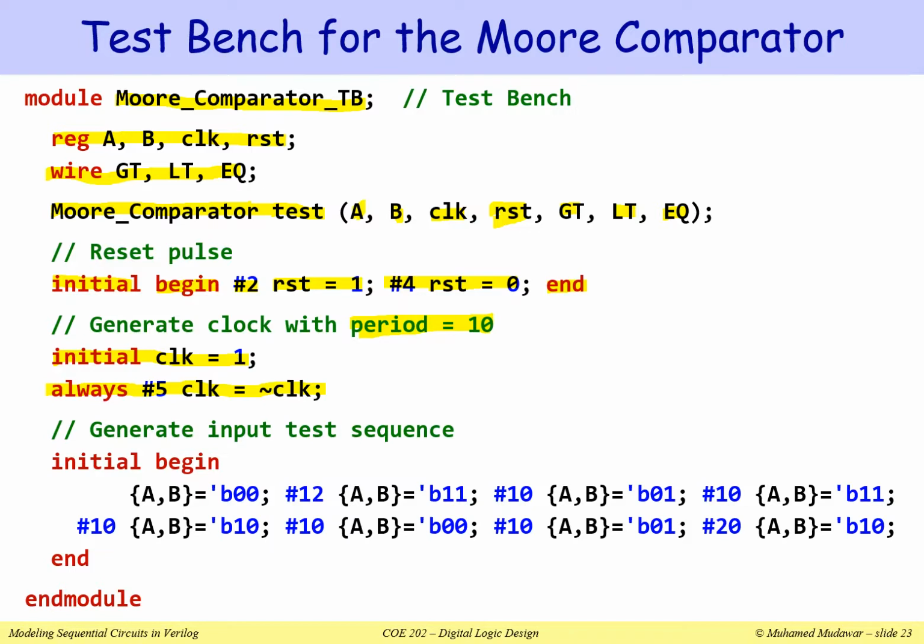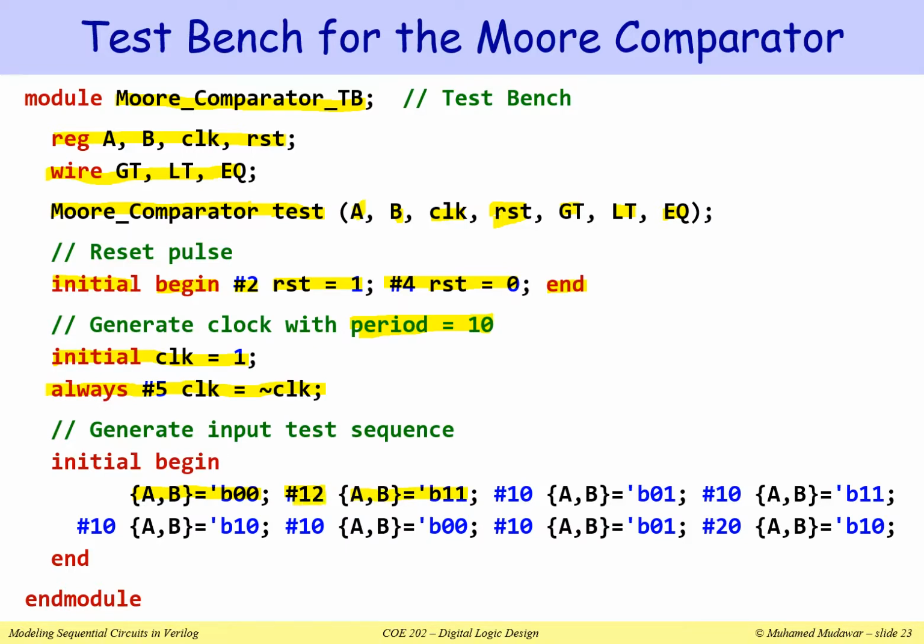Finally, I have to generate my input test sequence. I have to generate the values of A and B so that we can compare A with B. Initially, A and B will be 0, 0. Then after 12 time units, I'm making AB to be 1, 1.